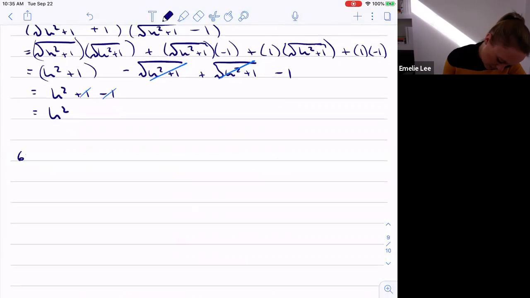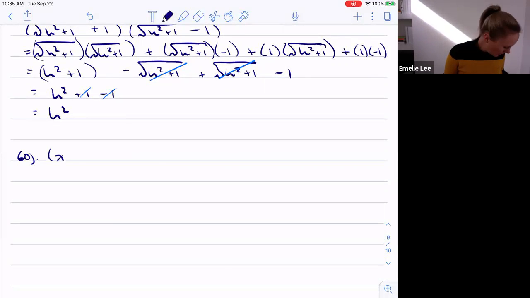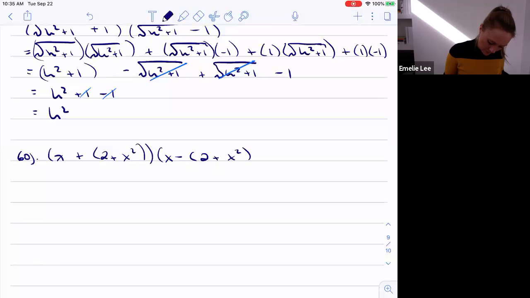So 60, I've got it over here, is x plus 2 plus x squared times x minus 2 plus x squared. Actually, no, I'm going to expand this, and then it'll end up being very similar to 61, so we won't have to do 61 or 62. We can just do this one.